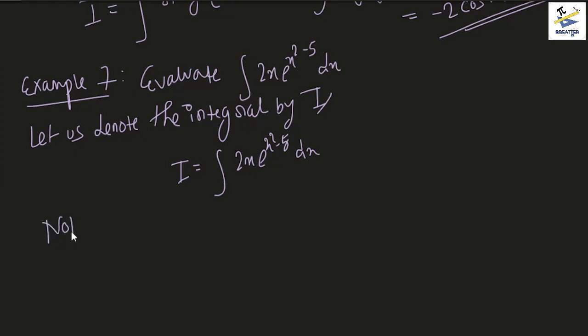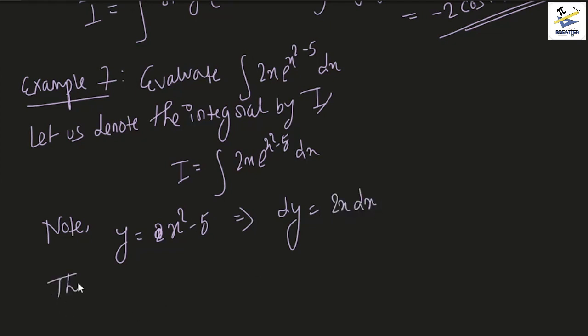Note that now again in this integral, since the derivative of x square minus 5 is just 2x, what we can do is let y equal x square minus 5, which should give us dy equals 2x dx, right?